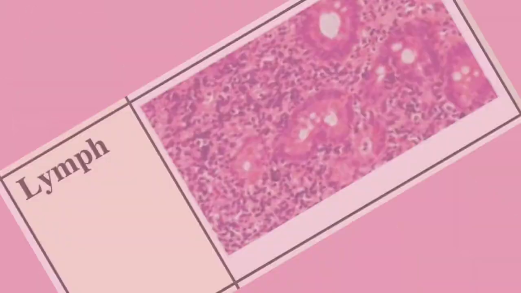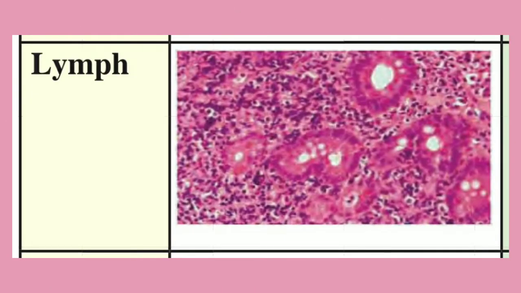The next we have lymph. They are present all around the cells in the body. They are fluid that oozes out of the blood capillaries and they contain leukocytes, that is WBC, and liquid ground substances. The function of lymph is protection of the body from any infection.